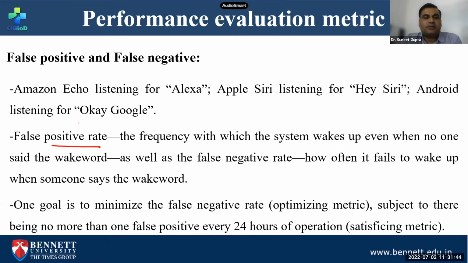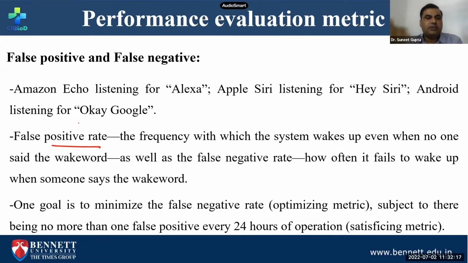False positive rate means the frequency with which the system wakes up even when no one said the wake word. So what it means is input is negative and output is true or positive. Input negative, output positive means you have passed a sample with class 0, but your model is declaring that the sample belongs to class 1.